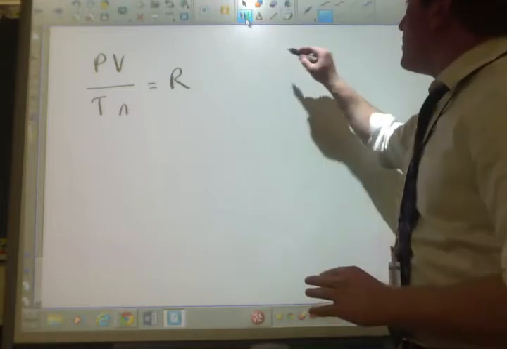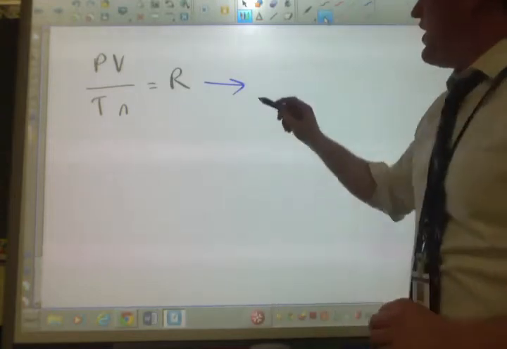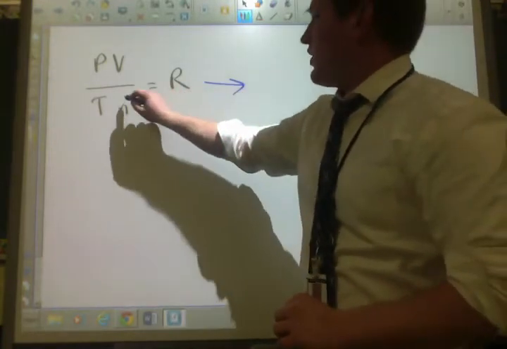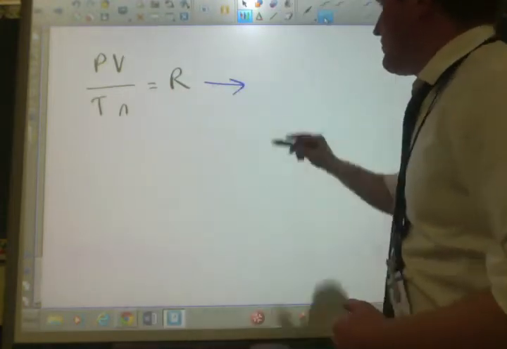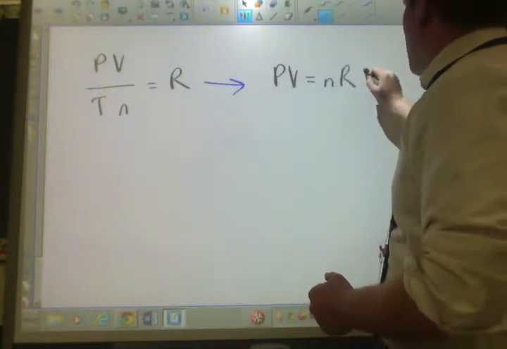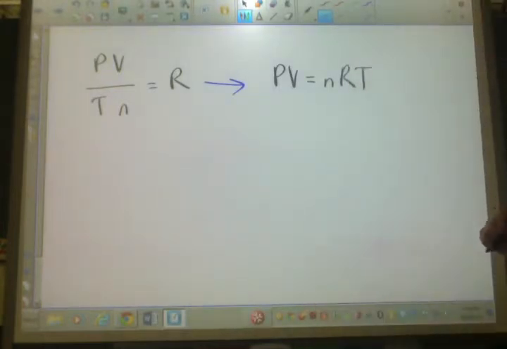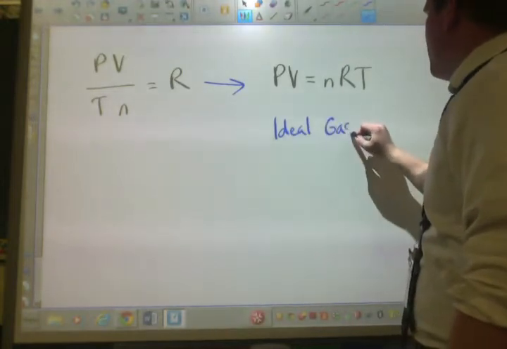It's written in a more useful way. So we're going to rearrange it, and basically take away the fraction because that is complicated. We're going to bring both these terms up here. So you get PV equals nRT. And this is the ideal gas law.